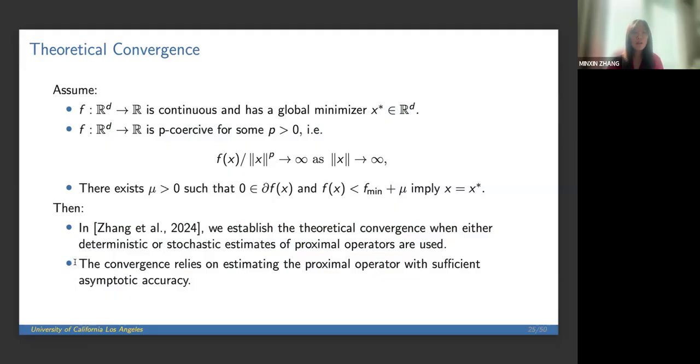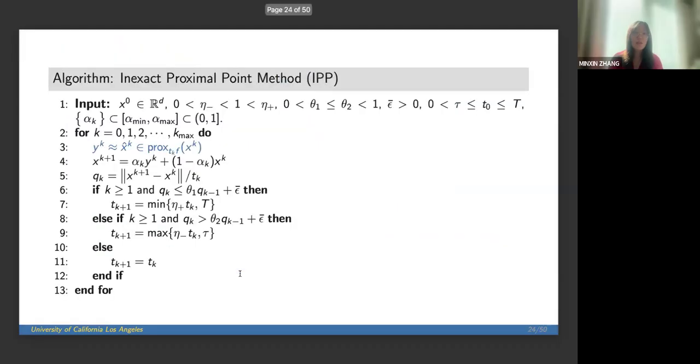The main thing I want to say is that, based on our analysis, the convergence of this algorithm relies on estimating the proximal operator with sufficient asymptotic accuracy. So now that we have this framework, the next question is how do we turn this whole framework into a practically efficient algorithm?